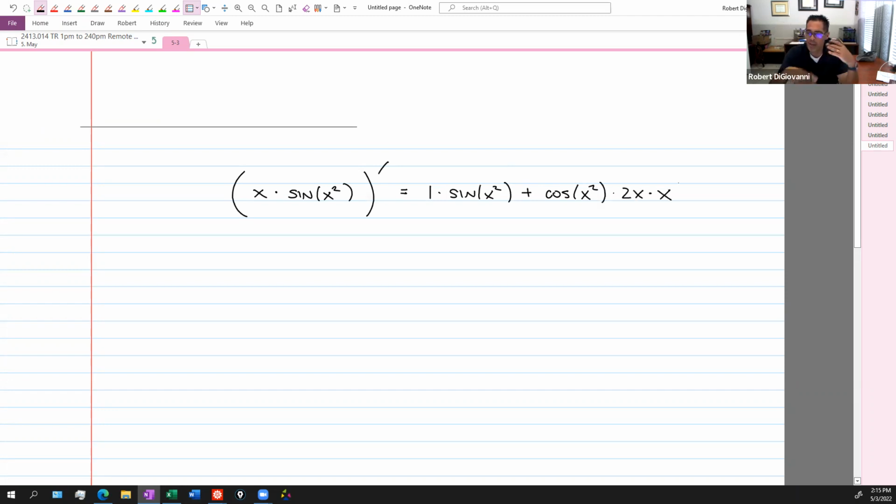I hope it would be almost that fast for you at this point. You're running a product rule on this, and you have a little bit of chain rule involved here as well. This is Cal 1. It's very systematic. I just use product rule.